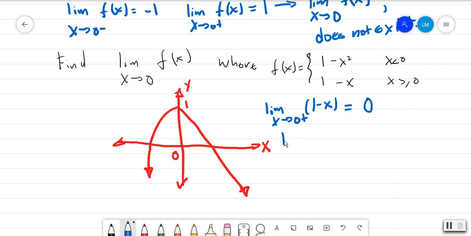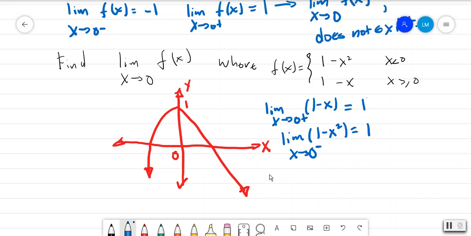But then I also have the limit as x approaches 0 from the left side of 1 minus x squared. That way it's a lot easier to get an idea of where we are looking. Oh, not 0, it's 1, right? Okay, so that's going to be 1, and that's also going to be 1.